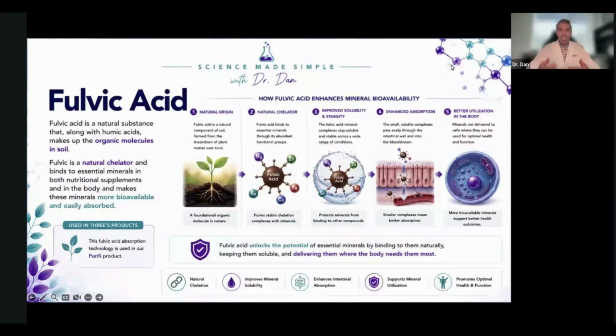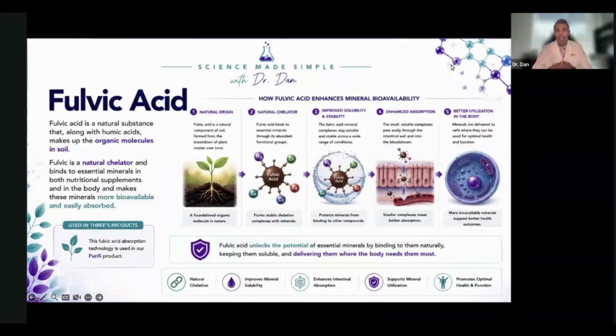When we talk about organic soil, that's soil that's rich in humic and fulvic acids. What fulvic acid does is kind of like chlorophyllin, where it forms a binding interaction. But with fulvic acid, this binding interaction is called a chelation interaction. So there's a chelating process where they're bound together through a pretty strong interaction.